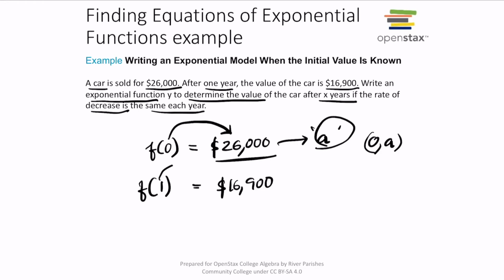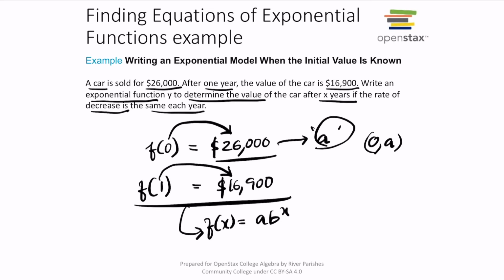Next you have 1 here. For 1 it is 16,900. So first thing we need to do is write down the equation f(x) = ab^x. So substitute this value into this equation. So you have f(1) equals a, which we already know is 26,000, times b to the power x. So we want to find the b value. The x value is already given, 1.